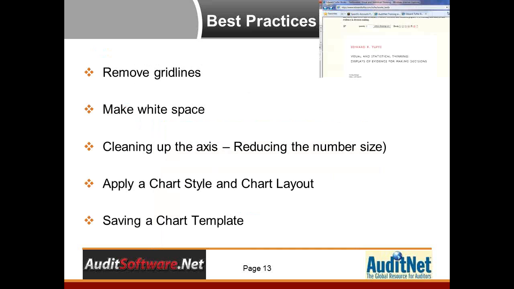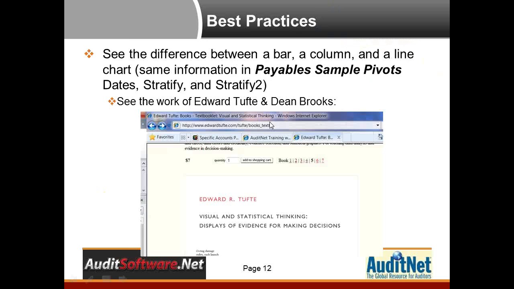When we are talking about cleaning up, these are just some of the things I wanted to show you. I wanted to spend at least about 5 minutes taking a look at the different types of graphs, more down the road of Edward Tufte and which one to select, and then cleaning it up with these final points: removing grid lines, having white space, chart styles and layouts, which can very quickly make your charts look great, and then saving your charts as a template so you can keep them for the future.